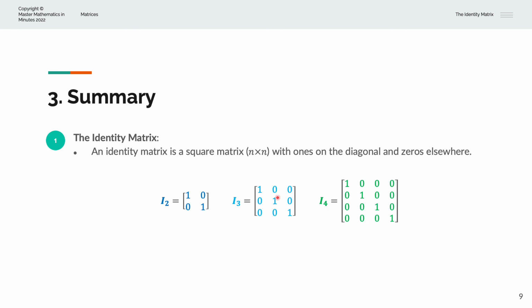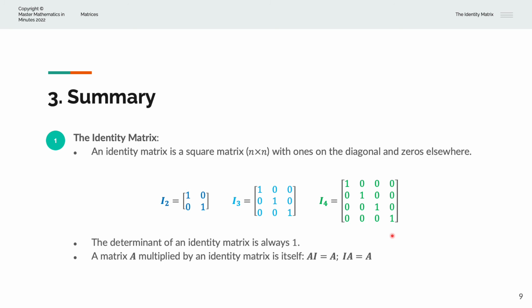A 2x2, a 3x3, and a 4x4. And we saw that the determinant of an identity matrix is always 1. And we also saw that if we were to multiply a matrix A by the identity matrix I, that returns itself. Or the other way around, I multiplied by A is equal to the original matrix A.